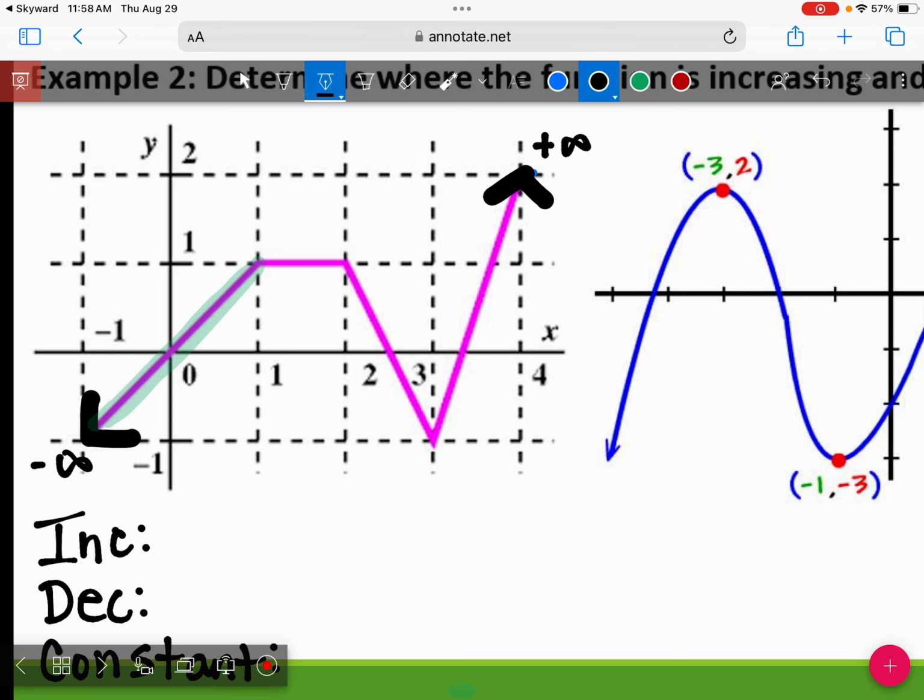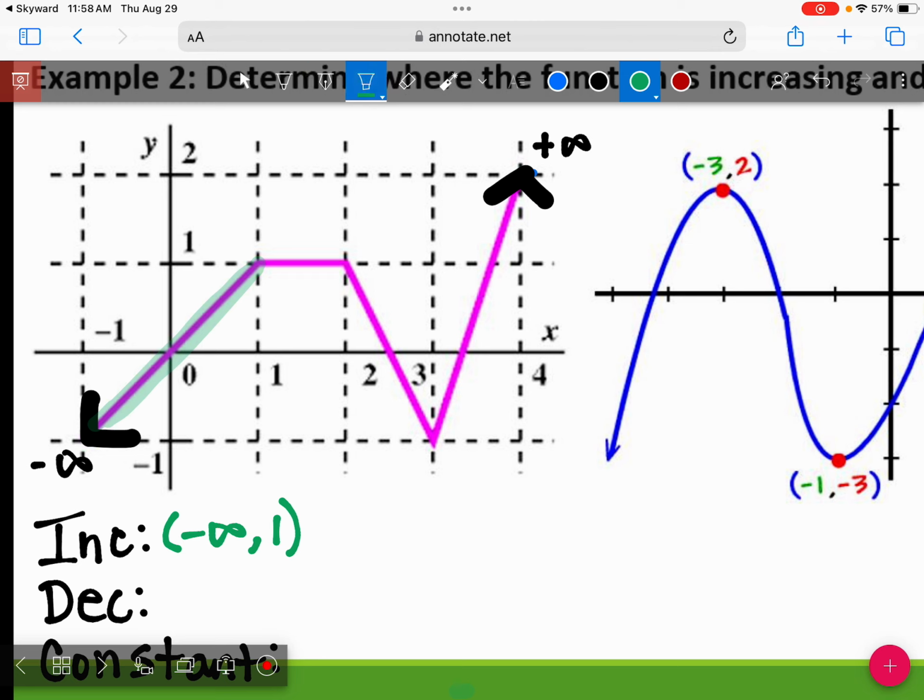So it increases from negative infinity, because we started with the left arrow, and it stops when we get here. What does x equal right here? 1. So it increases from negative infinity to 1, put a parentheses.